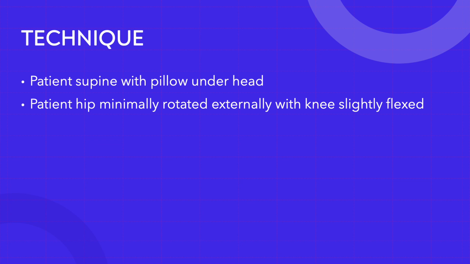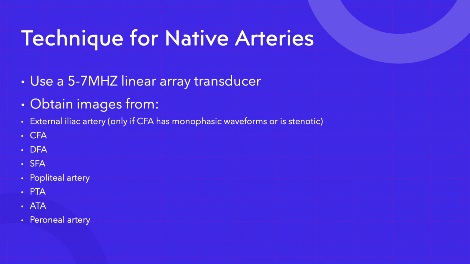You're going to have patient supine, hip minimally rotated externally with the knee slightly flexed. The arteries we're going to look at for lower extremity arterial exam are going to be the external iliac artery. Okay, listen. So we're not looking at that in our protocol now.